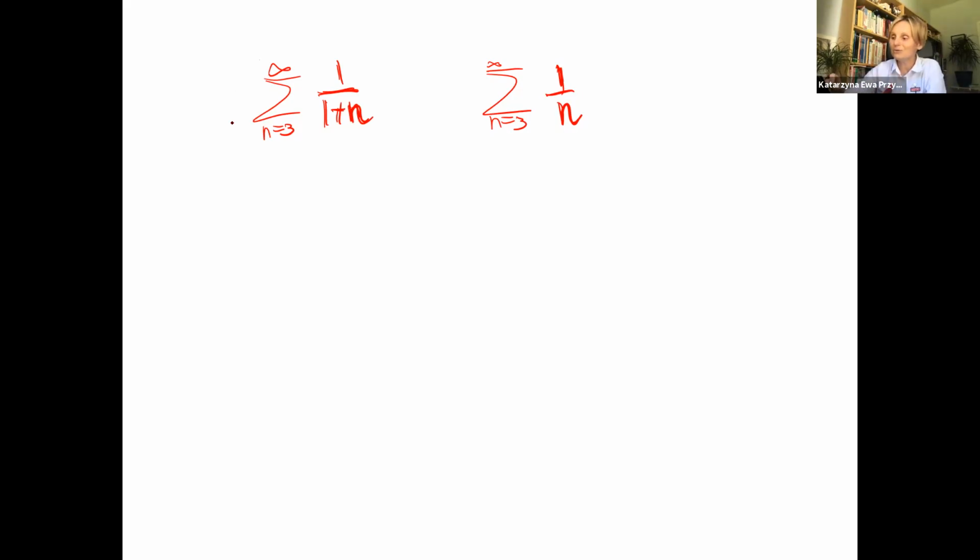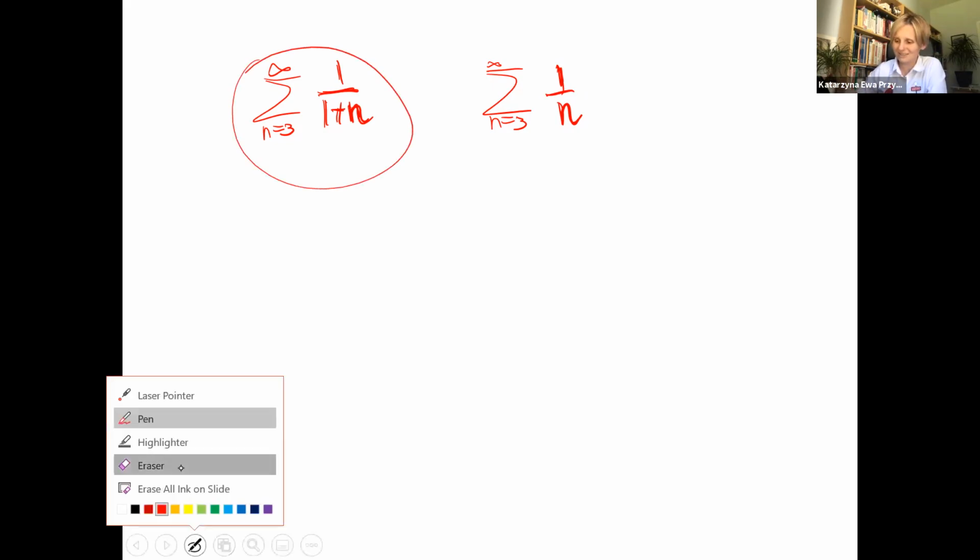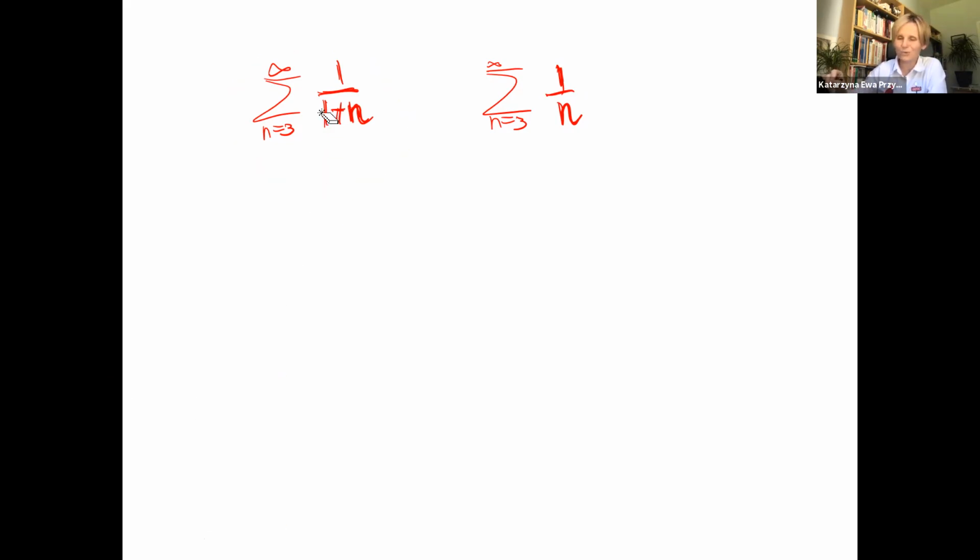But we can see, if you see a formula like this one, what we can compare with. It has to be 1 over n. But let's actually check which fraction is bigger or smaller. You can tell me this. Which way shall I put the inequality?